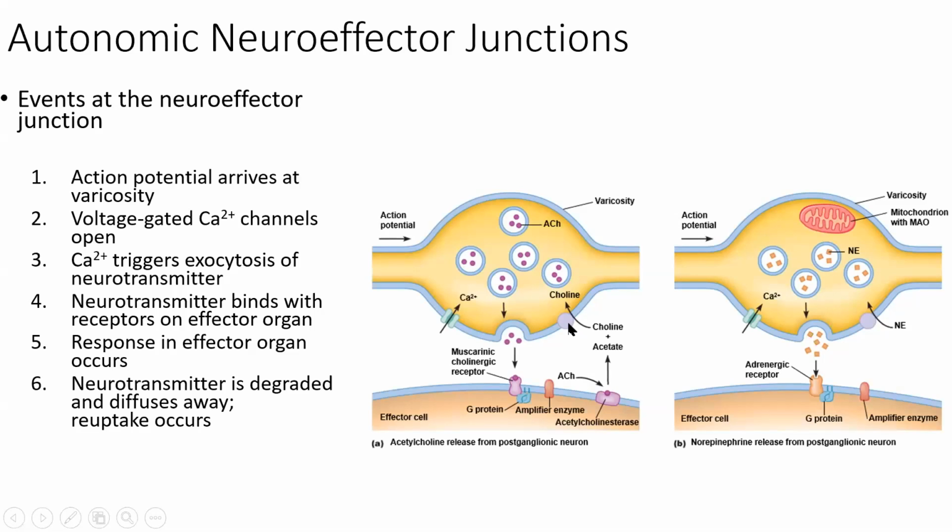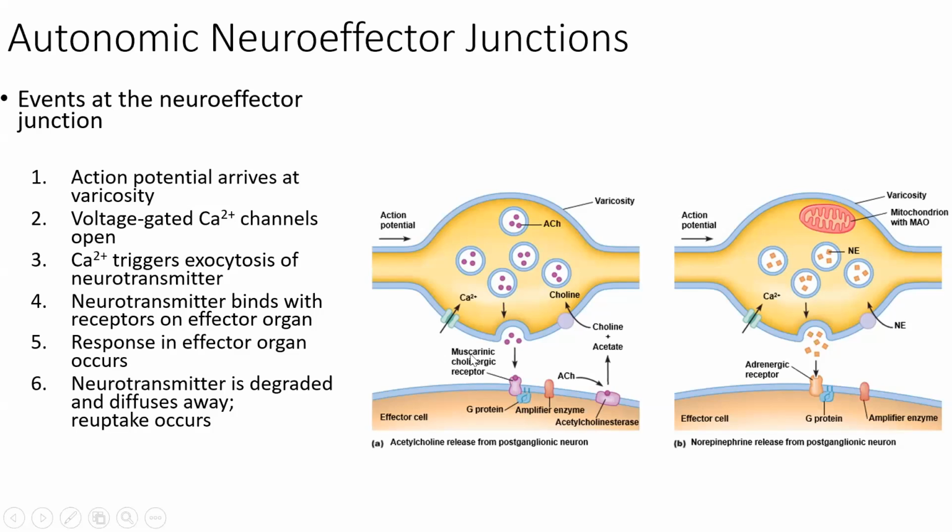Okay. So here is that kind of summary of what we talked about just now. We've got our action potential, triggering the release of calcium. Calcium rushes into the cell. This triggers that exocytosis of our neurotransmitter. And now this is very nicely showing what both of the postganglionic neurons would look like. So if we're in the parasympathetic system, this is what it would look like. Our neurotransmitter is acetylcholine.